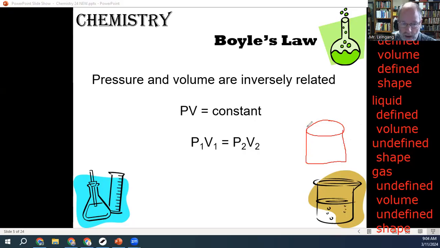We can create a situation where the volume of the container can change by putting a piston, which can go up or down. When that piston goes down, the amount of space available for a gas changes. Well, what's going to happen if I have a gas down here? Let's assume that this gas has only 5 molecules. 1, 2, 3, 4, 5.